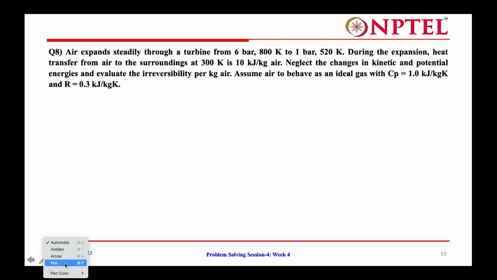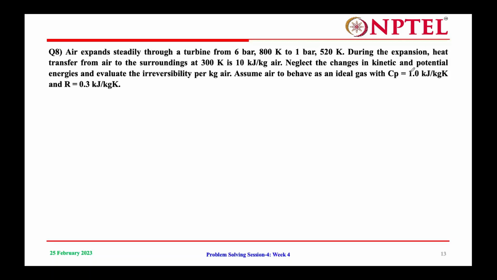Now we will see some sums on one numerical. Here is the statement: air expands steadily through a turbine from 6 bar, 800 Kelvin to 1 bar and 520 Kelvin. During the expansion, heat transfer from air to surroundings at 200 Kelvin is 10 kilojoule per kg of air.